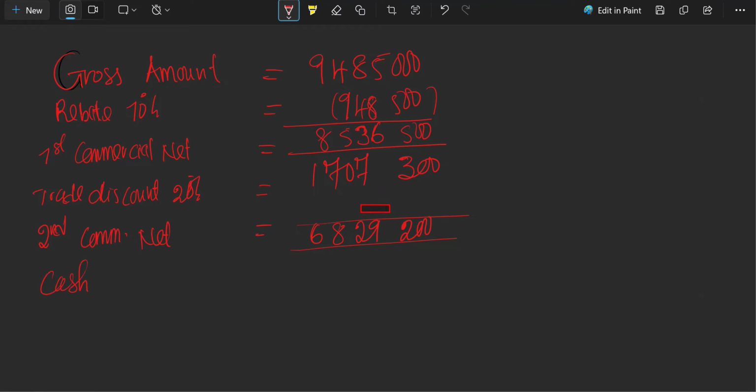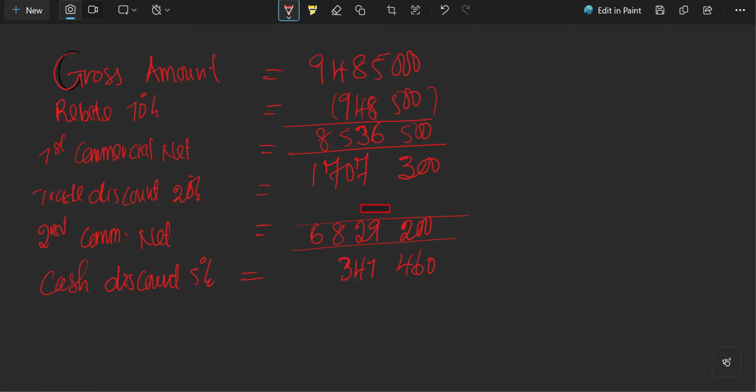Okay, so after our second commission net, we should have our cash discount. The cash discount was 5%, so we're going to have 5% of this amount. After my calculation, it should be able to give us 341,460 francs.